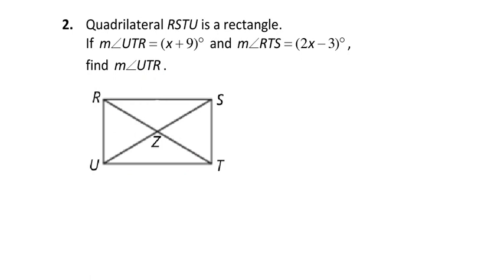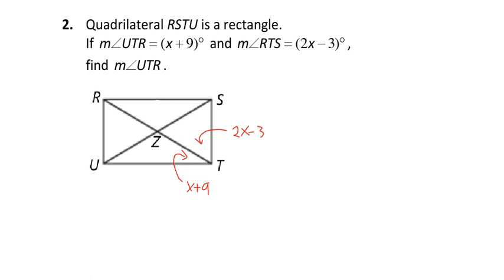So angle UTR is this little angle here, and that measurement is x plus 9 degrees. And the other angle is angle RTS, and the measurement for that angle is 2x minus 3 degrees.